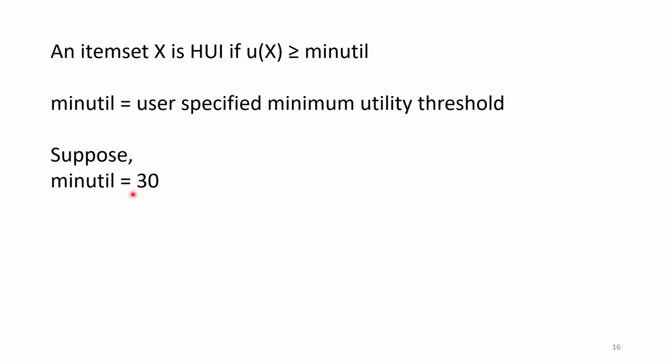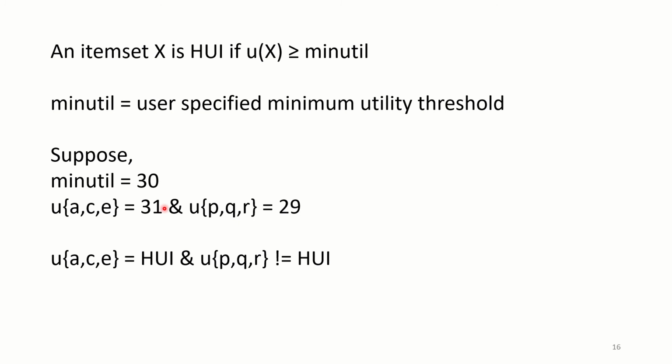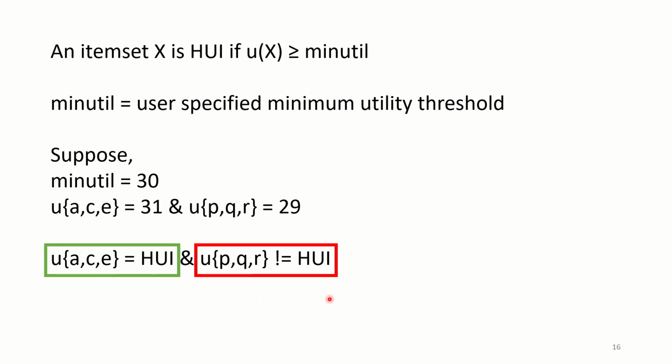Suppose the min util is specified as 30, and you get that the utility of ACE is 31, and the utility of PQR is 29. So we can say that the utility of ACE is greater than min util, so this is a high utility item set. The utility of PQR is less than the min util, so this is not a high utility item set.